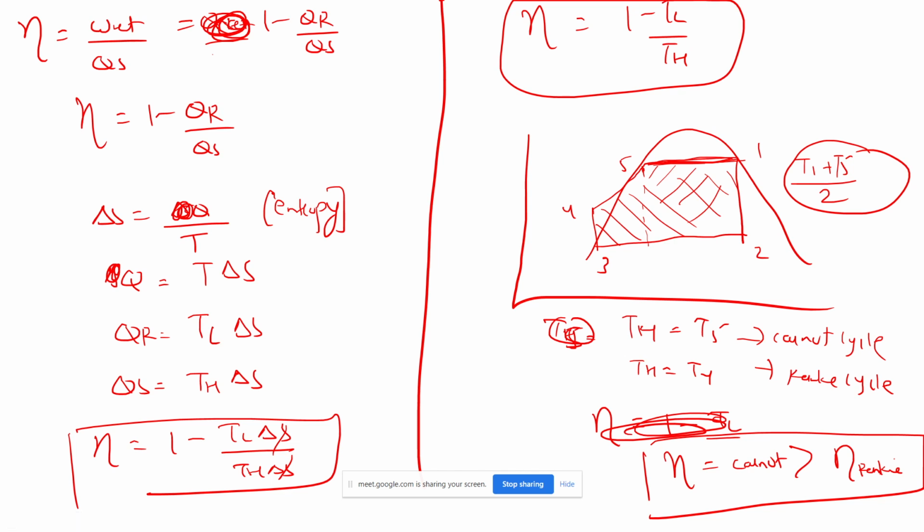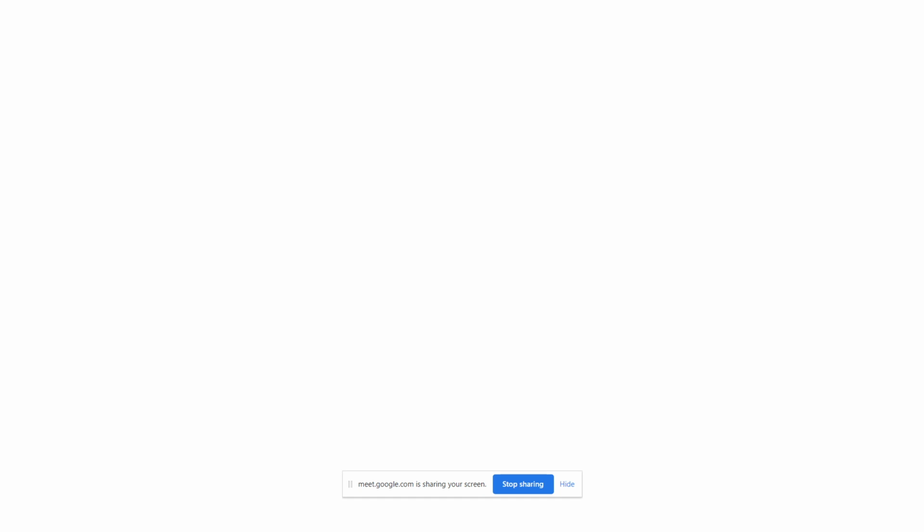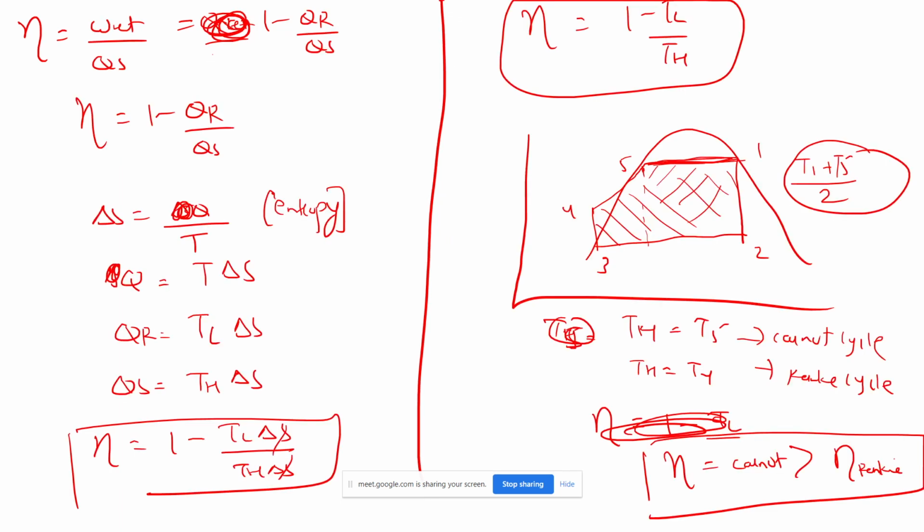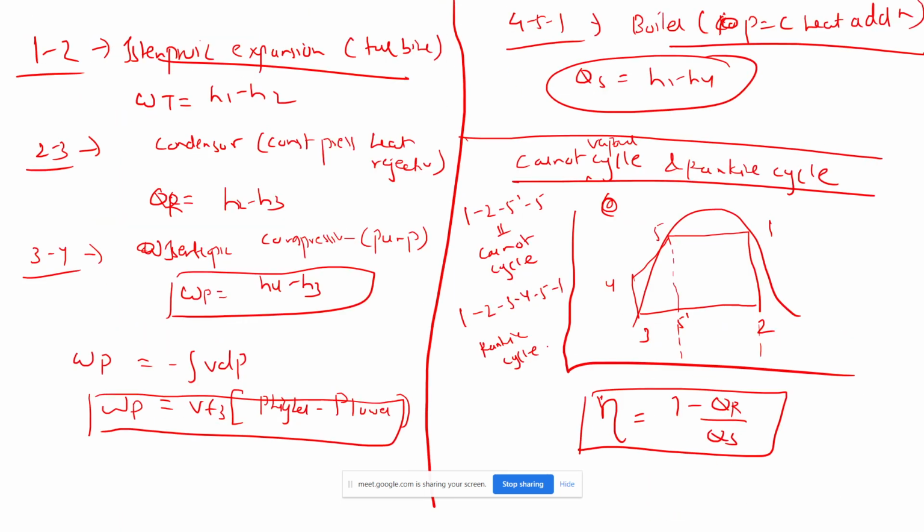You can also understand this in terms of mean temperature of heat addition. So efficiency, how can we write? It is 1 minus mean temperature of heat rejection into del S over mean temperature of heat addition into del S. The mean temperature of heat rejection for both processes is almost the same, because points 3 and 5 dash are nearer to each other.